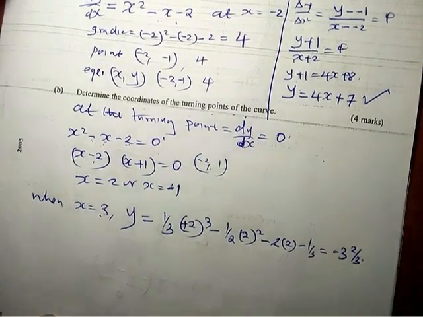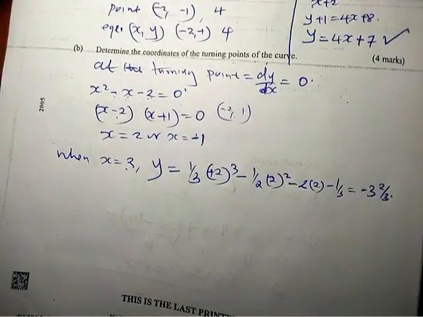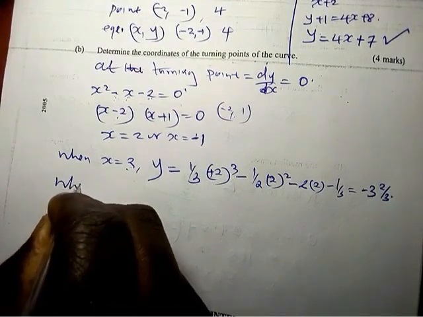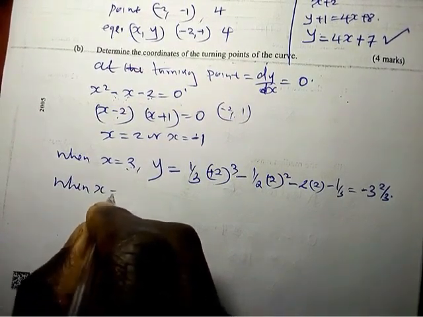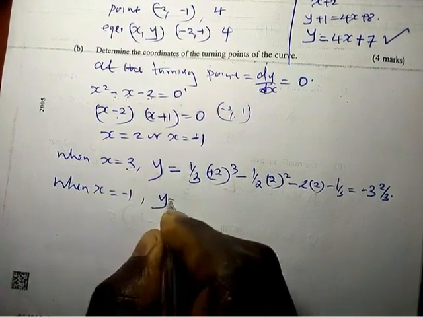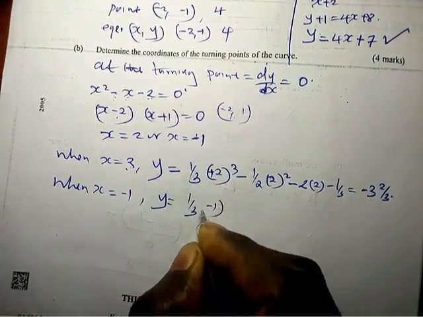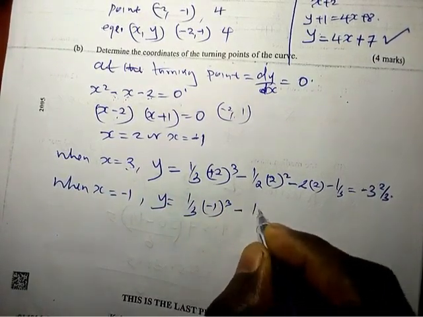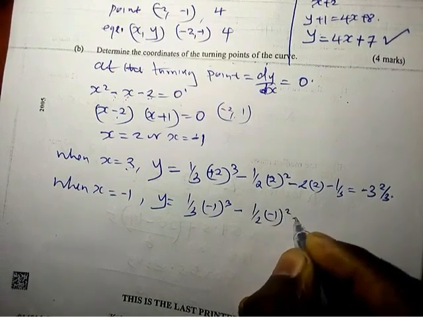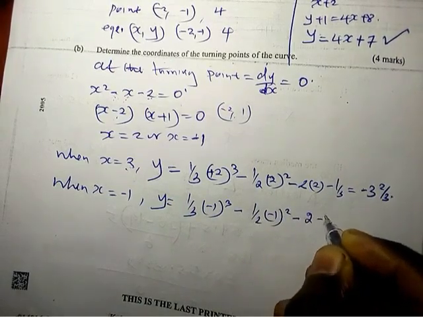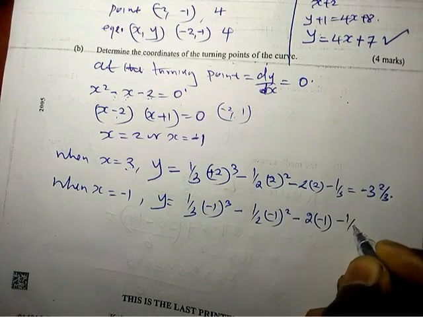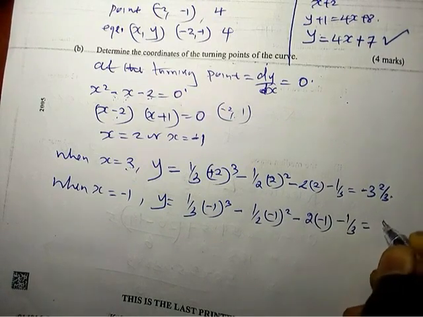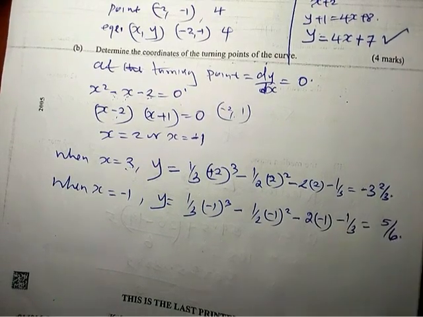That's the final answer. When x is negative 1, then y will be 1 over 3 times negative 1 cubed, minus a half times negative 1 squared, minus 2 times negative 1, minus a third, and the answer is going to be 5 over 6.